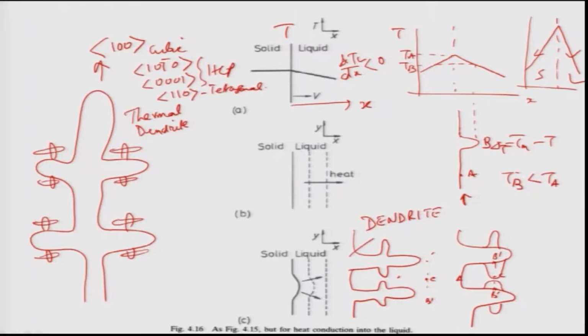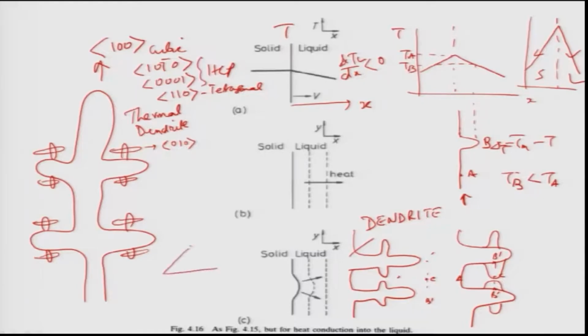So, for every crystal structure there are well defined growth directions normally observed when the dendrites grow. Therefore, if this is the 1 1 0 direction, this one perpendicular to it will be 0 1 0. In a 3D structure, there will be 6 arms of the dendrites, because in a cubic crystal there are 6 1 0 0 directions, that is very clear.